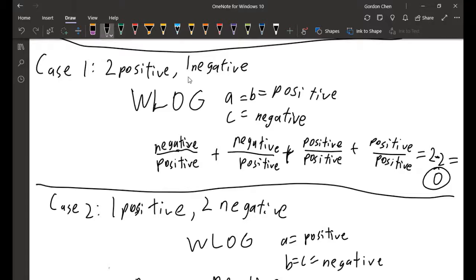So we have two positive and one negative. Without loss of generality, we say that A and B are positive and C is negative. The expression that we want to find the values for is symmetrical, so this does not affect anything. So A over the absolute value of A is positive divided by positive, which is positive.